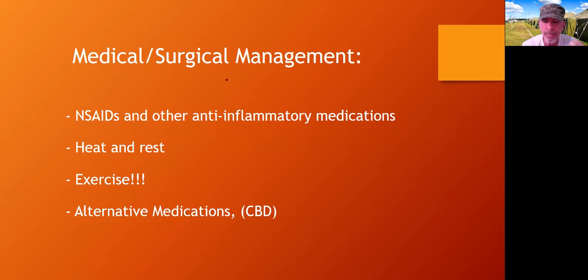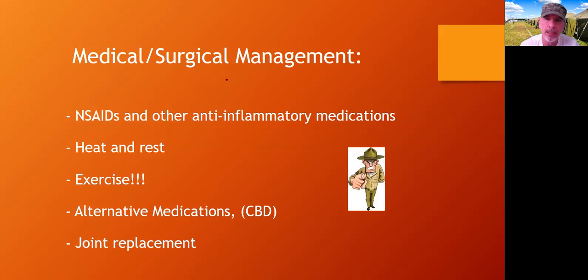So I'm trying everything alternative I can to get away from ibuprofen. And of course, ultimately there are joint replacements, which I think we kind of looked at in the last lecture. There's something there you might want to remember. I think it's this one. We'll see.